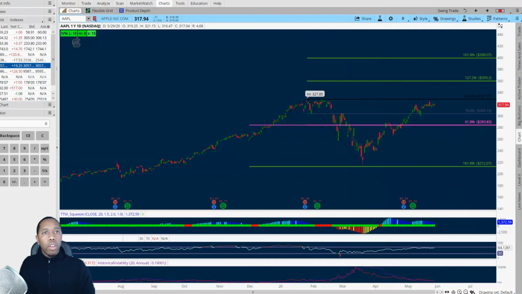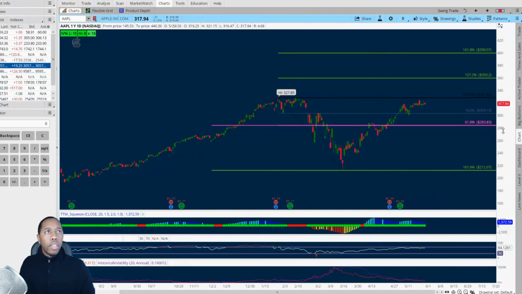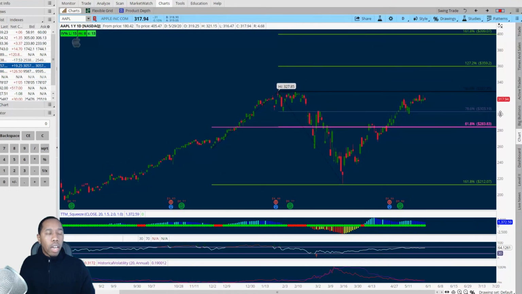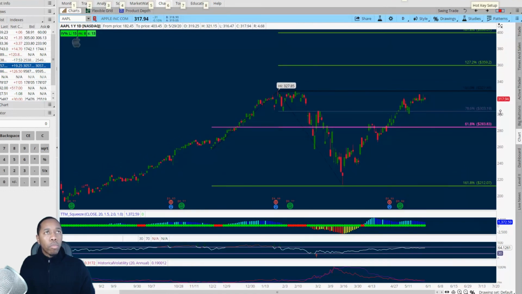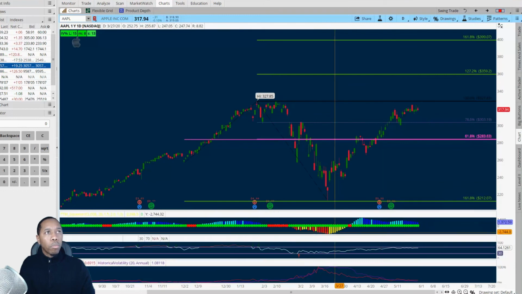Now, another thing that we can do is run clusters. Okay. So to run clusters is you take different swings to meet at a common low or common high to try to uncover more significant levels. How you do this, you take those swings that we were talking about before.